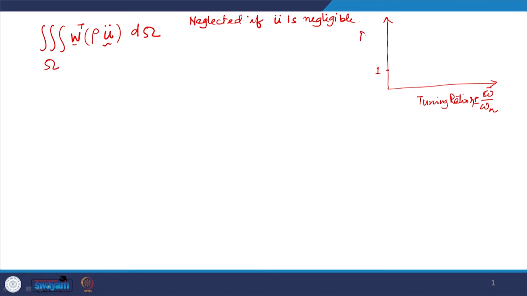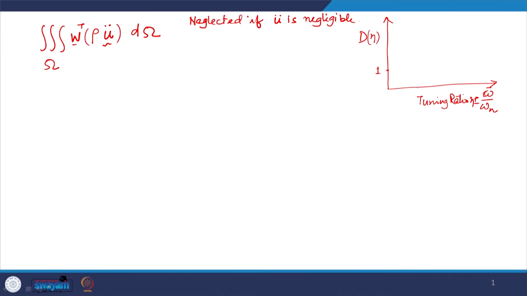So, this is what we call the dynamic magnification factor or the dynamic amplification factor. That actually measures how much the response differs from the static response. If the same force of a given amplitude was applied statically, then what difference does the dynamic application make?